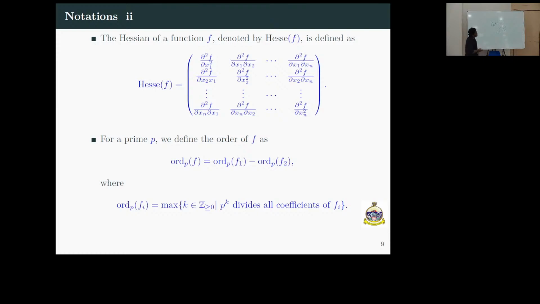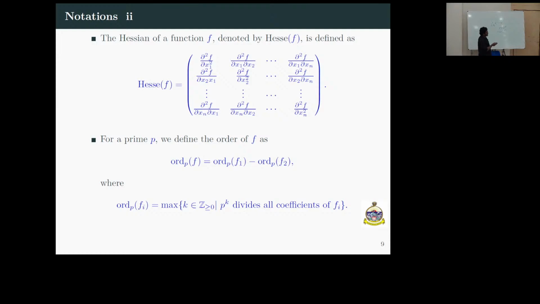Now I want to take the order of rational functions. Before that, we want to know the order of a polynomial. If you know the order of f1 and the order of f2, for such a rational function f1 by f2, the order is defined as the order of f1 minus the order of f2.